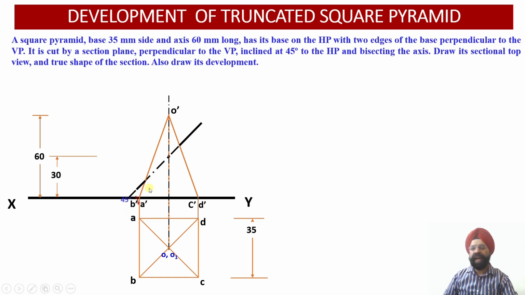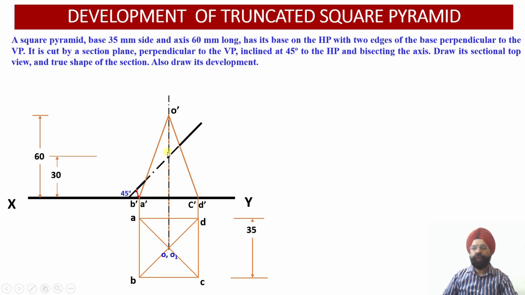This is going to cut the axis over here. As it is passing through the axis, all four slant generators of the square pyramid are getting intersected. So we have obtained 4 points of intersection.